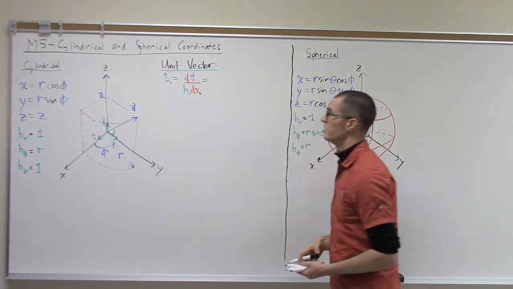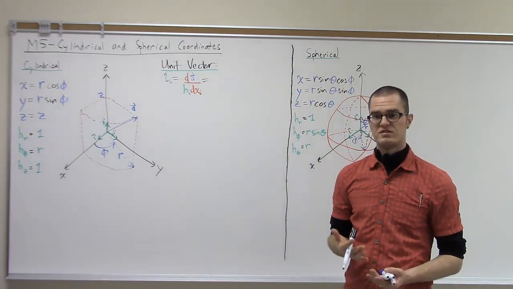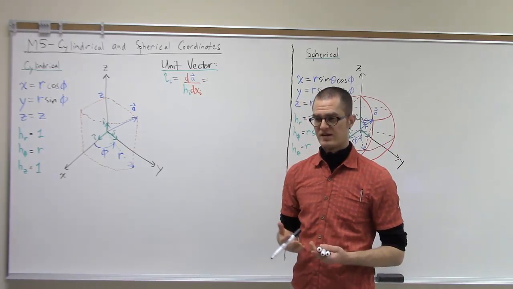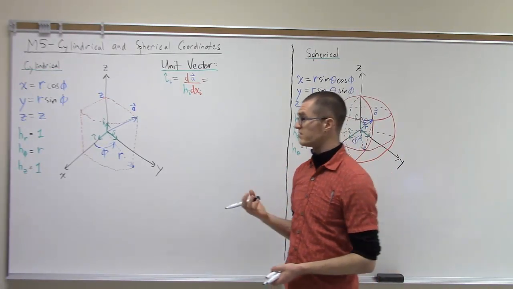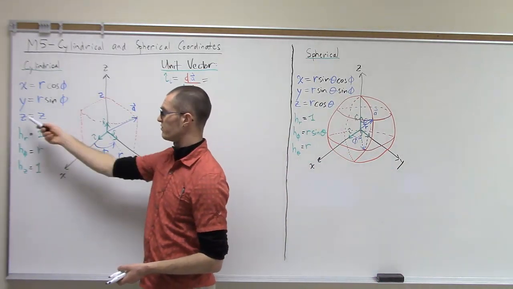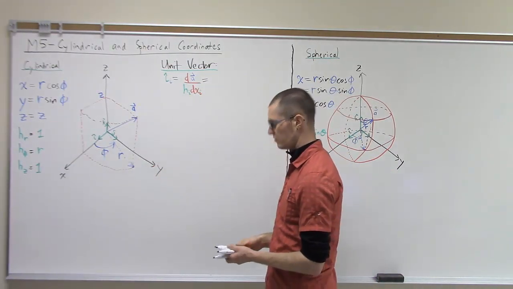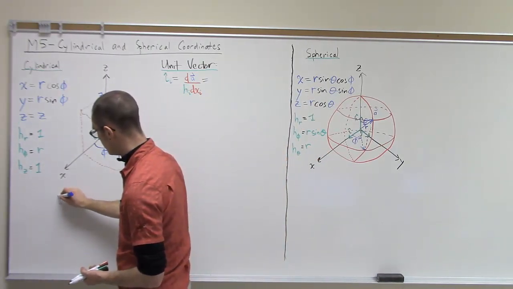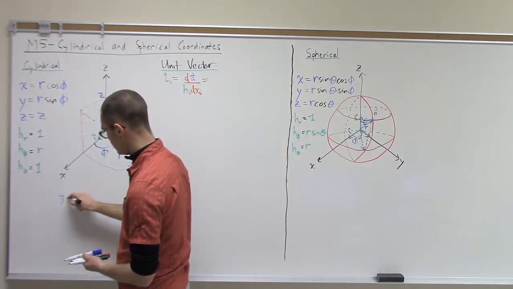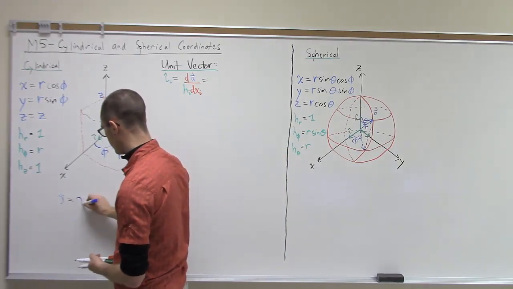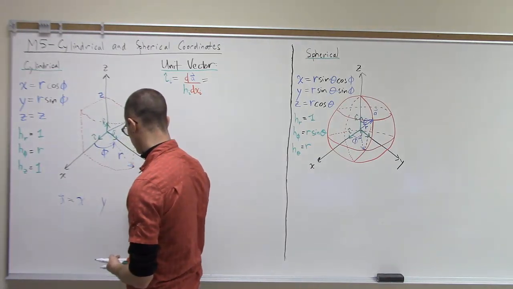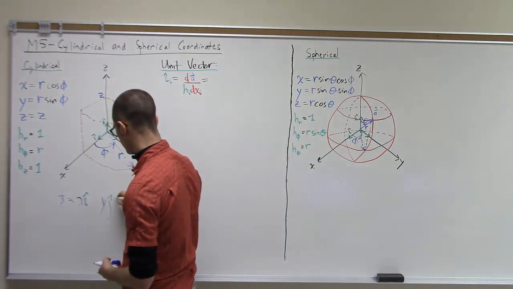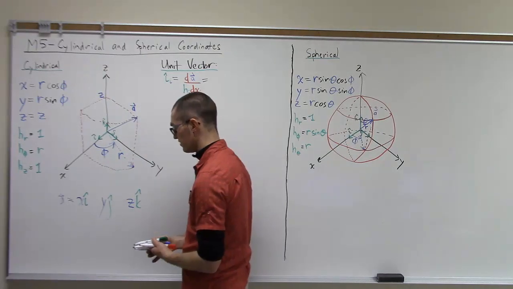Okay, so that's a definition, but in general, we can't always evaluate this directly. So oftentimes we've specified our coordinate system in terms of how it relates to the Cartesian coordinate system. In the Cartesian coordinate system, A is equal to x, y, and z, multiplied by the corresponding unit vectors, which in the Cartesian coordinate system are constants.